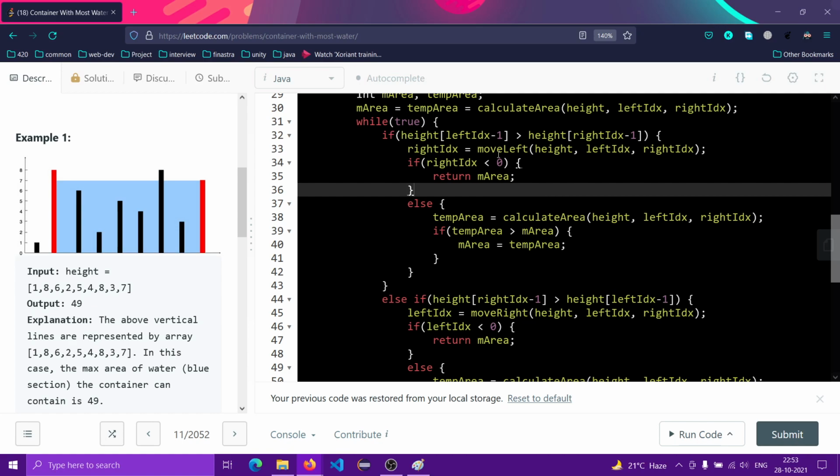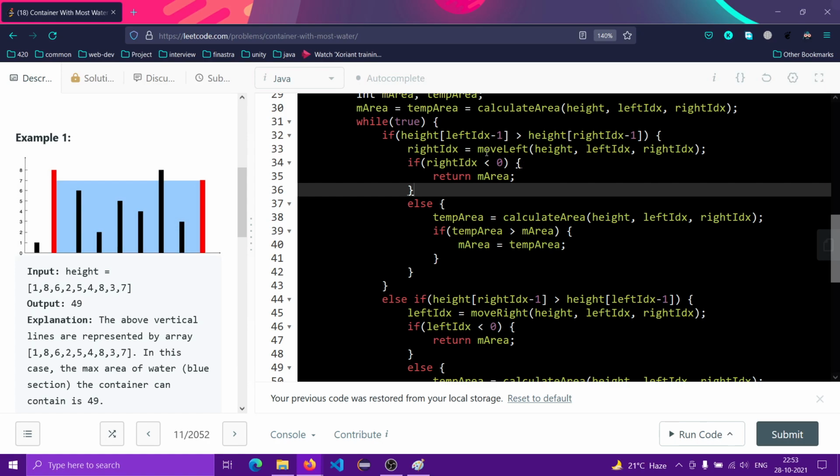It is actually moving the right edge towards the left. So when I say move left, we are actually moving the right edge to the left side, inwards. Because the right is smaller, whichever is smaller needs to move.